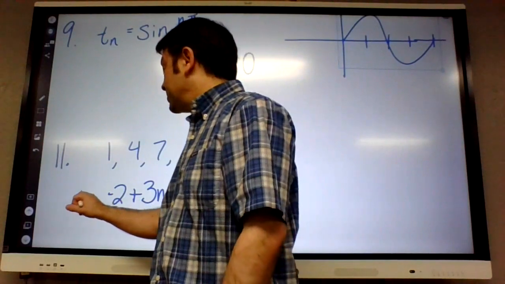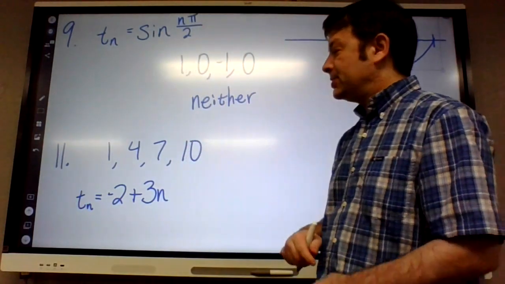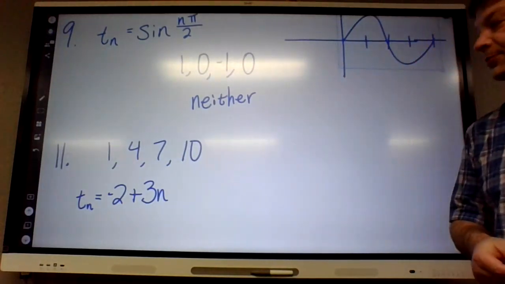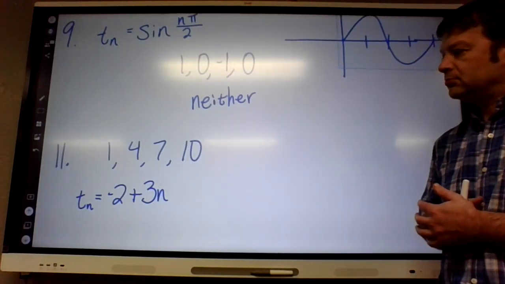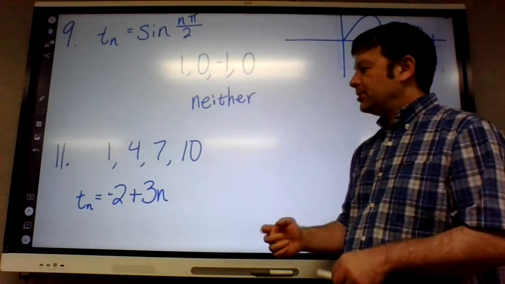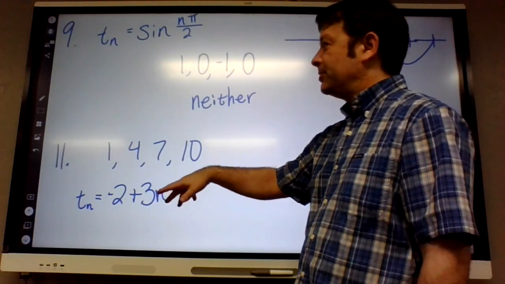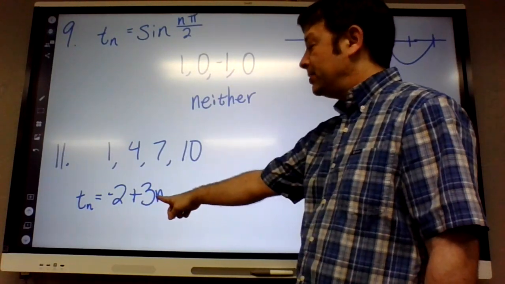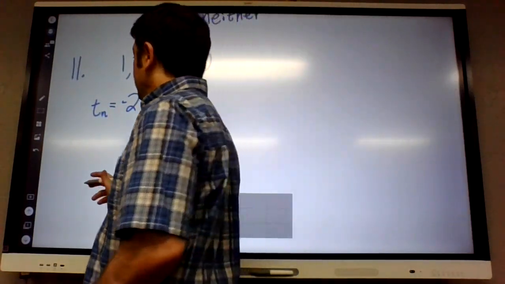Let's go ahead and use their little notation. Put t sub n equals -2 plus 3n. So when you plug in 1 for n, it'll go up by 3. When you plug in 2 for n, it goes up by 2 3s. When you plug in 3 for n, it goes up by 3 3s. And that gets you the pattern.